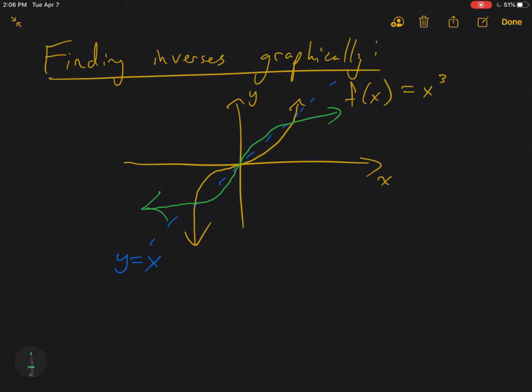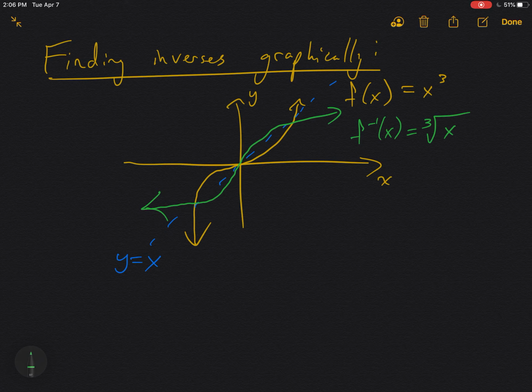That's going to be the mirror reflection of this original function across that blue dotted line. And this will be the graph of the inverse function. So the green one would be f inverse of x, which is the graph of the cube root of x. So that's the relationship between the graph of the original function and the graph of the inverse function.